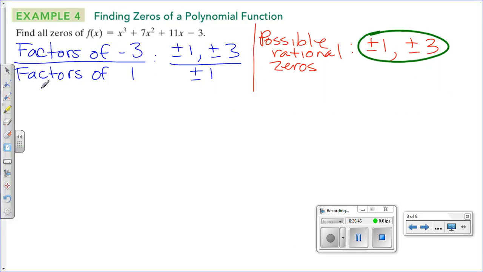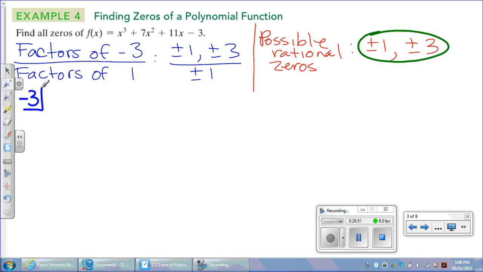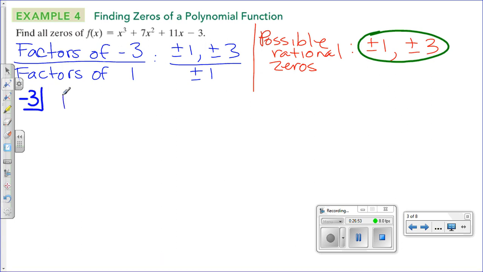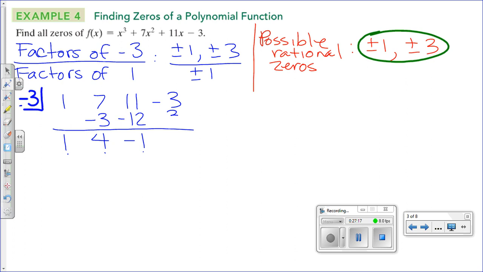So we're going to test with synthetic division using negative 3. And the coefficients are 1, 7, 11, and negative 3. So we need to divide, drop the first term, then multiply negative 3 times 1, that is negative 3. 7 minus 3 is 4, and then we multiply negative 3 times 4, which is negative 12. 11 minus 12 is negative 1, and then we multiply negative 3 times negative 1, and that is positive 3.